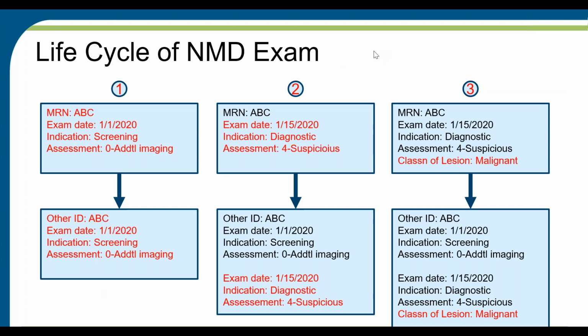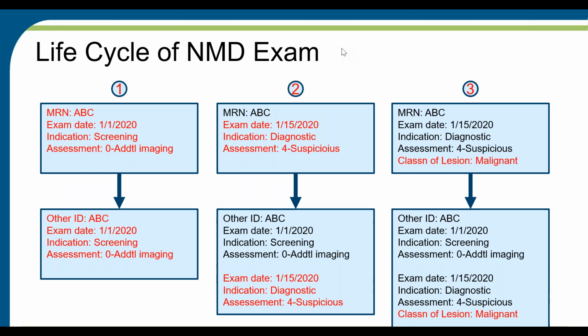So in this section, we'd like to discuss the typical life cycle of an exam in the NMD registry. The cycle starts when you add a screening exam to your reporting software. This is represented by the top box in the first step on the slide. If you're using NMD certified software, it will have a function that you can use to generate an NMD file.